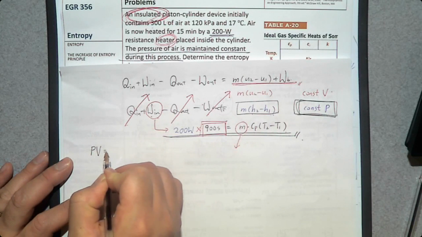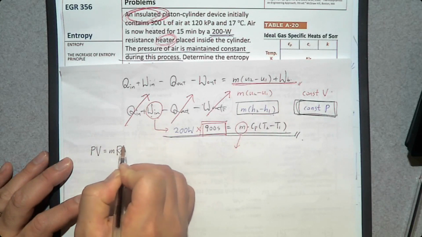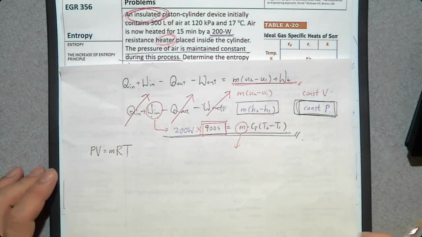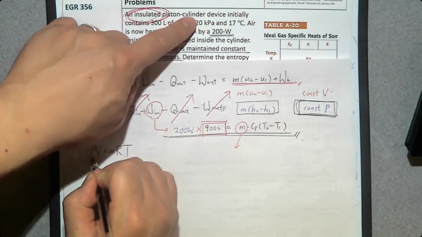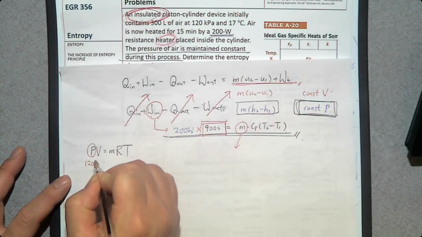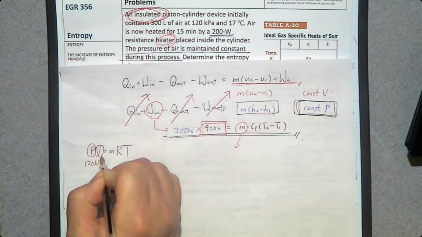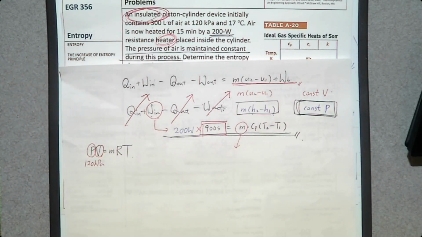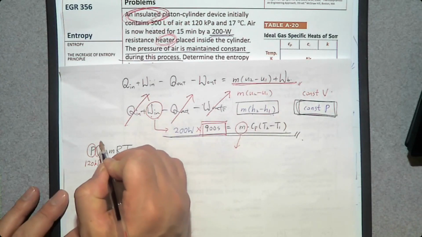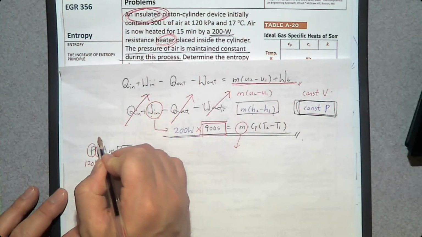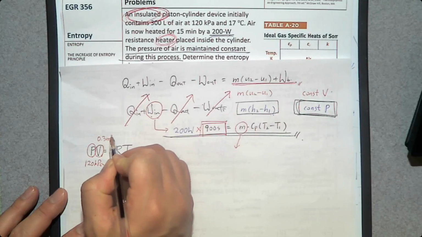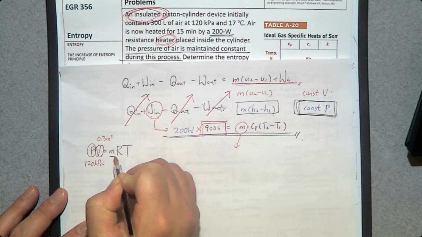PV is mRT. So what is this P? 120 kilopascal. What is this volume? 300 liters, and 300 liters is 0.3 cubic meters, because 1 cubic meter is 1,000 liters. So this one is 0.3 cubic meters, and mass is the unknown.